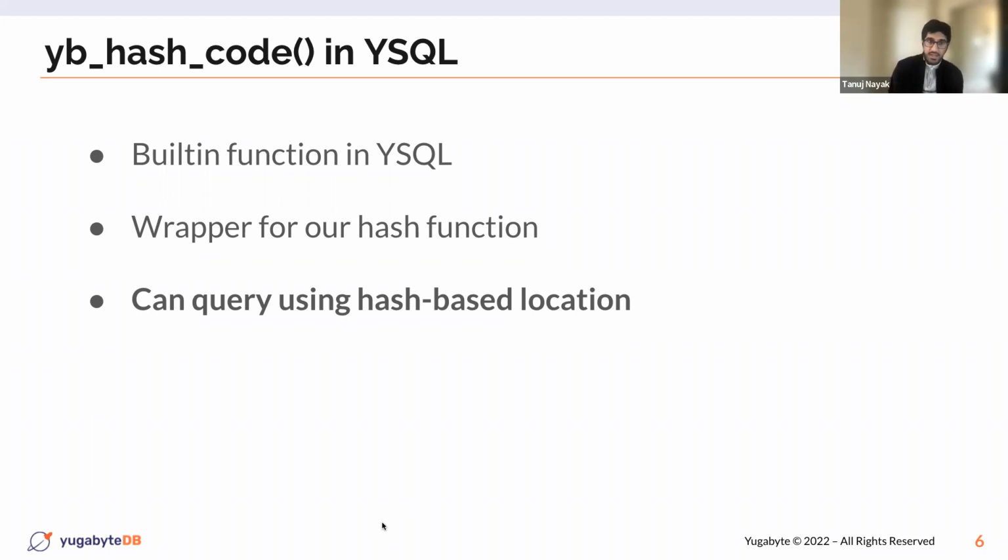This is just another built-in function you can use in YSQL. Again, to reiterate, the beautiful part about ybhashcode is that now you have access to this hash function, and hence you can make queries in YSQL based off of hash-based location, or one might say physical storage order.